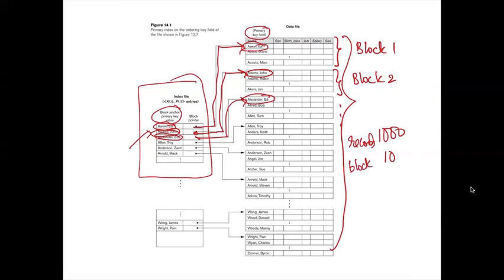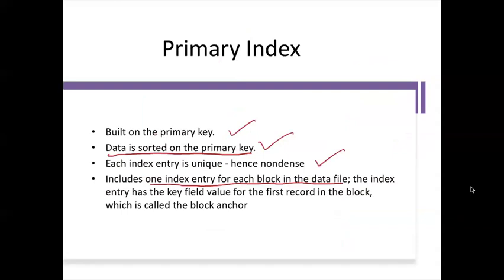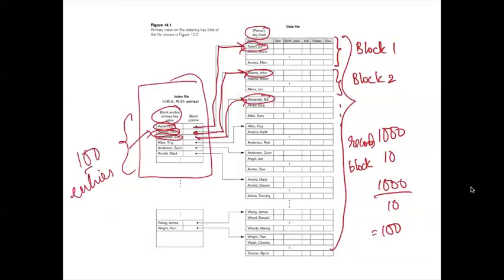So 1000 divided by 10, I will get 100 blocks. So in my index, I will have 100 entries, one entry per block. And the index entry has the key field value for the first record in the block, which is called the block anchor. So this is your primary index.